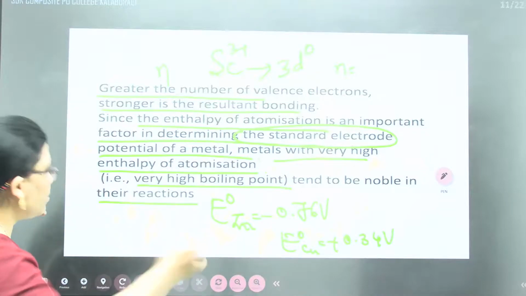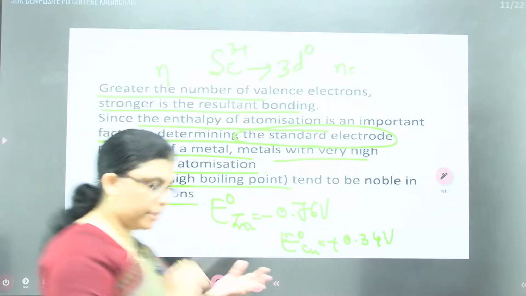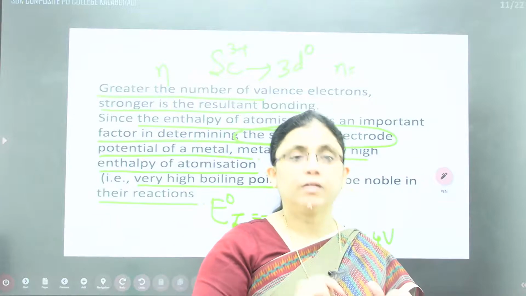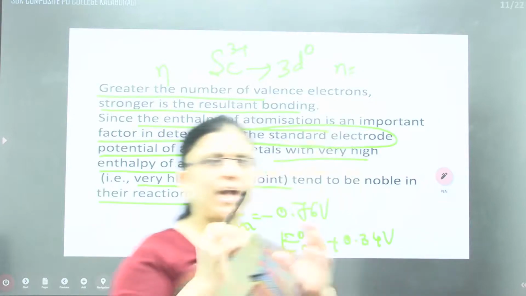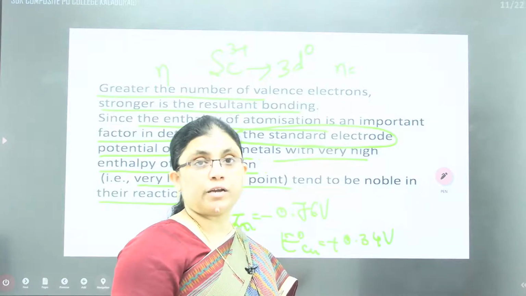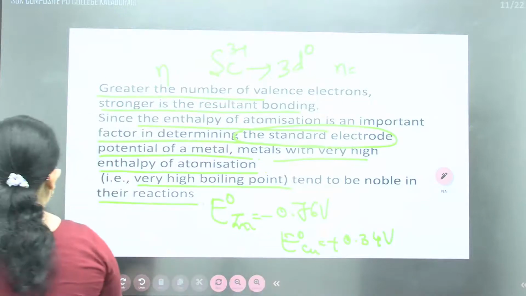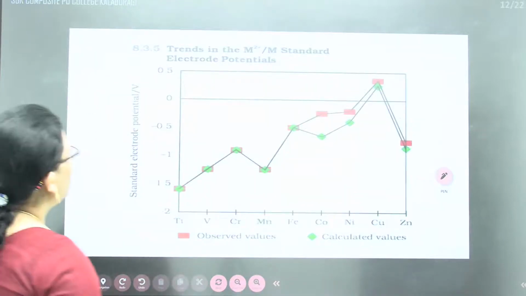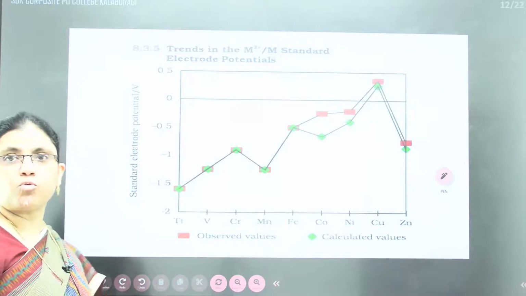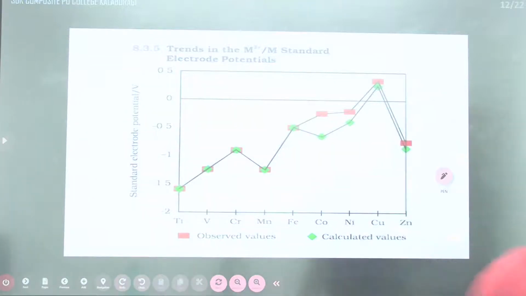D block elements are best metals, best catalysts, malleable, ductile, lustrous. These are some of the characters. They have catalytic behavior and variable oxidation state. One of the plus points of the D block is variable oxidation state. In the case of electrode potential, we are going to explain only with respect to the 3D series.